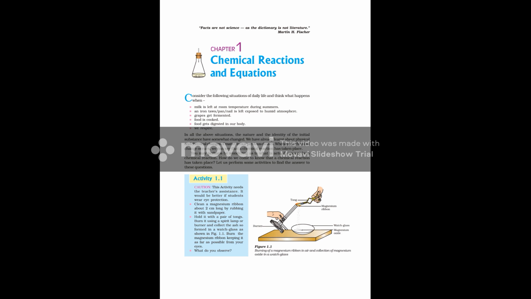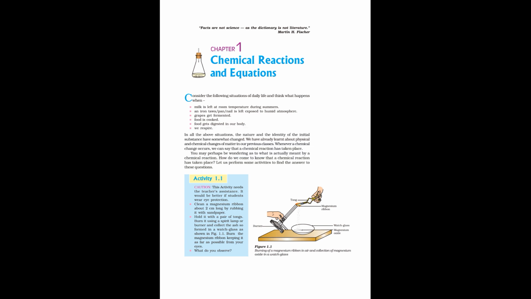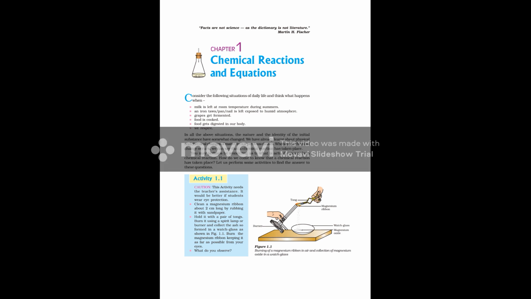Then sixth, we respire. During respiration we know that we inhale oxygen and exhale carbon dioxide. When we inhale oxygen, it combines with the hemoglobin present in our blood and goes to all the cells of our body.